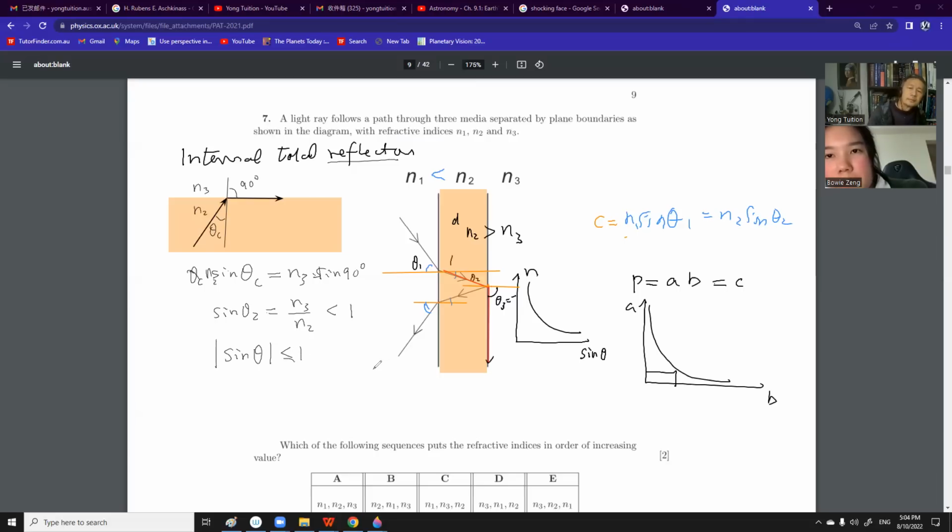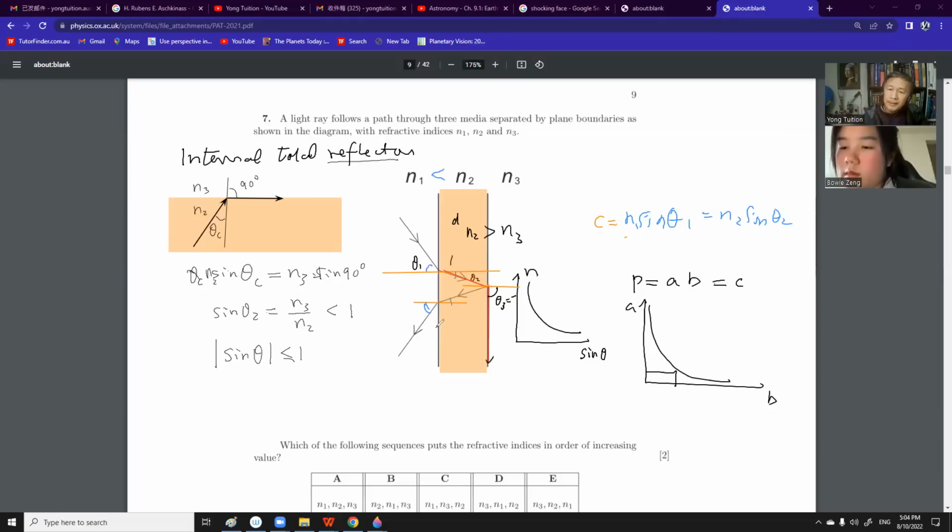Yeah, that's very good. Go on. Question: when would reflection occur? Reflection or refraction? Reflection, all the time, as long as it's transparent or semi-transparent.